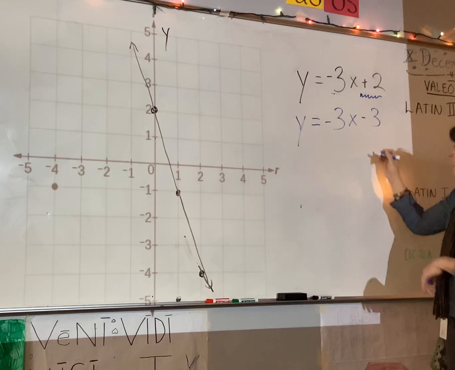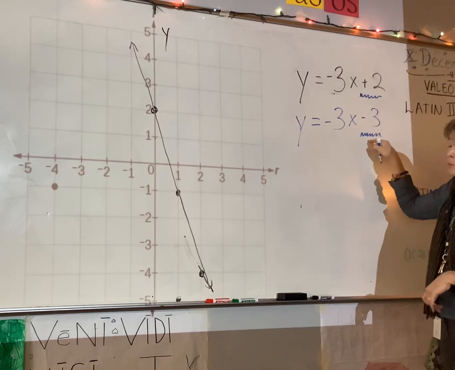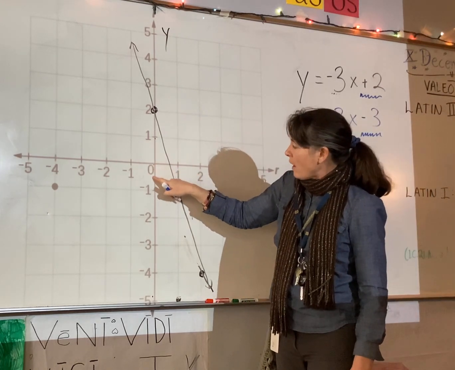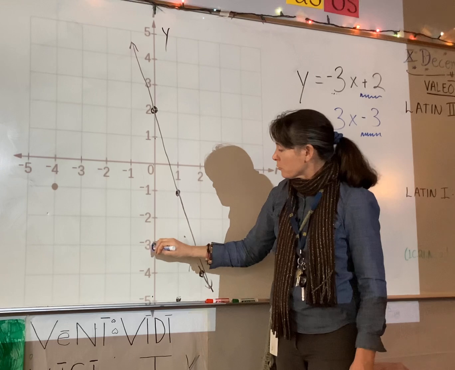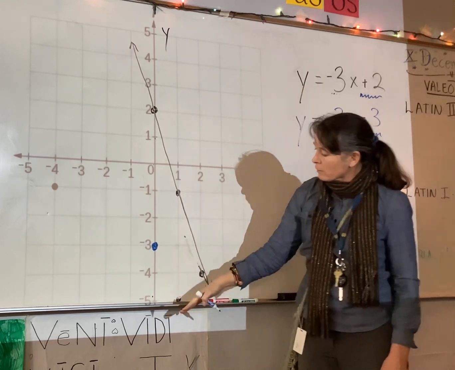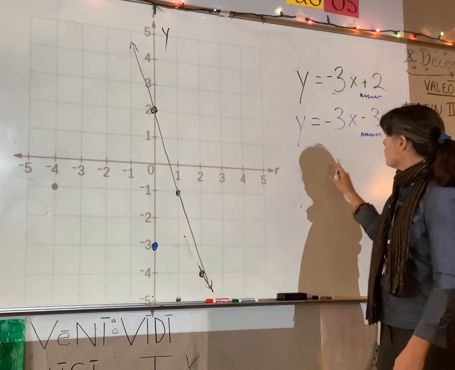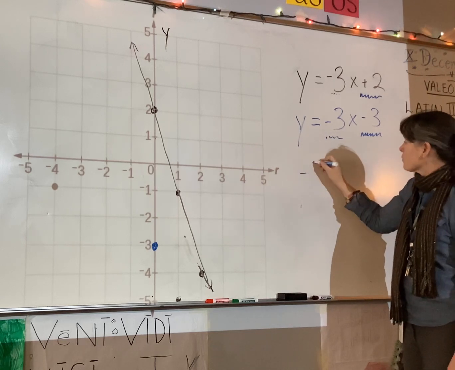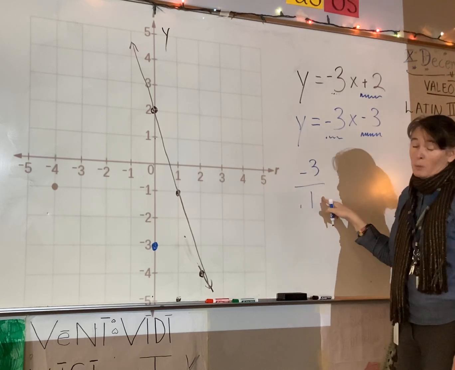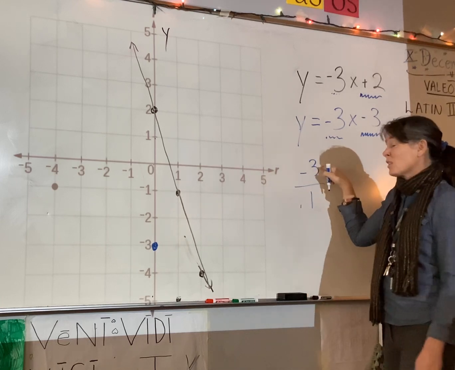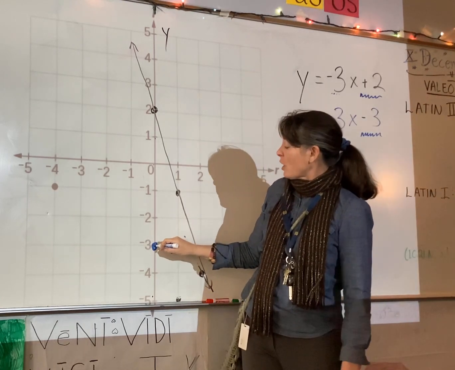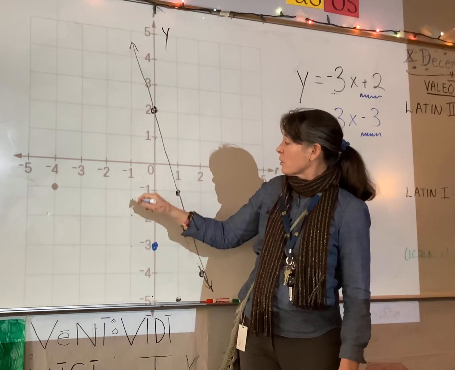So then we go ahead and we graph that. Now -3 is our y-intercept. So again, we go to our y-axis and we go to the -3 and put our first point there. Because the graph ends at -5, we have to approach using the slope to graph it a little differently. Our slope is still -3 over 1, but we're going to have to reverse it. Instead of going down 3 and over 1, we're going to have to reverse that process and go to the left 1 and up 3.